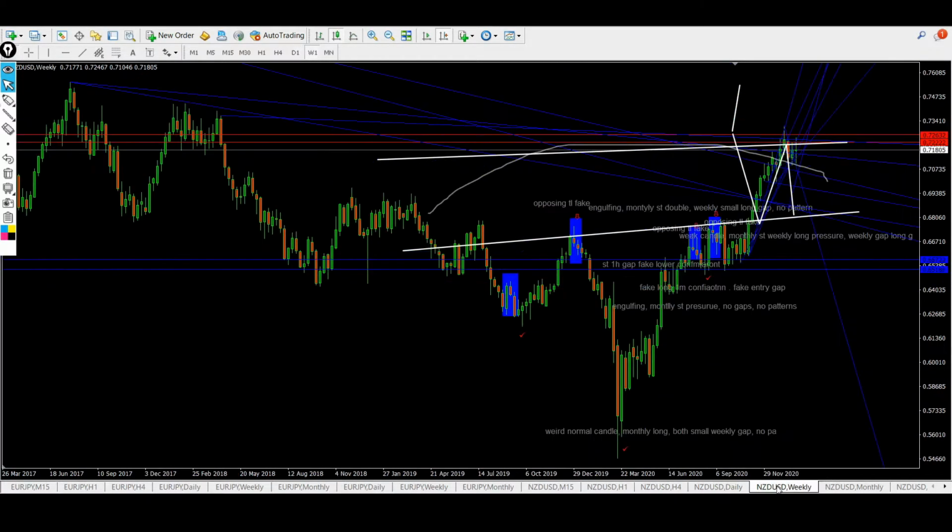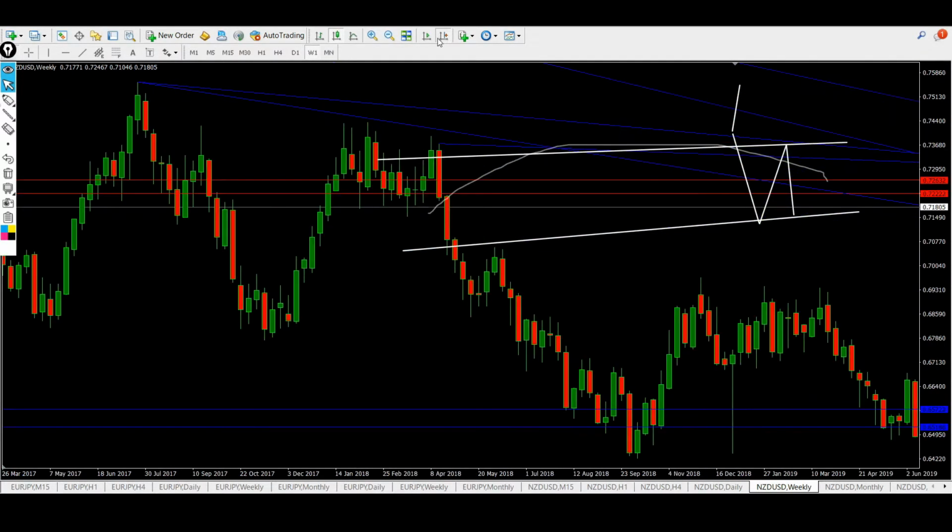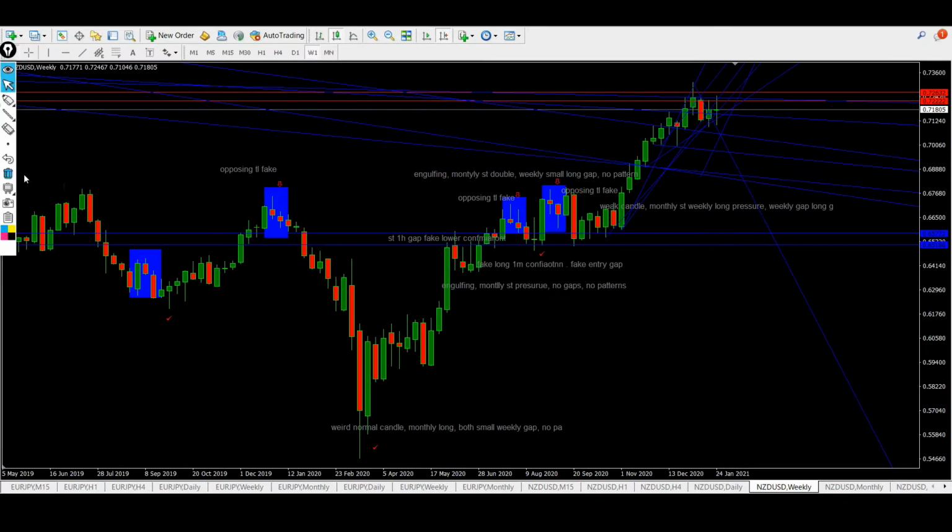Okay, so let's go back to that weekly chart. Here's that trend line that we wanted it to respect, right? And that is happening. However, if you look at this trend line from the bottom, from this pivot to this pivot, price is really respecting that level too.